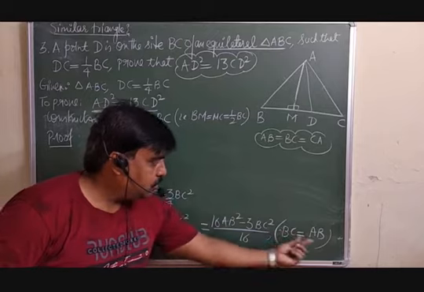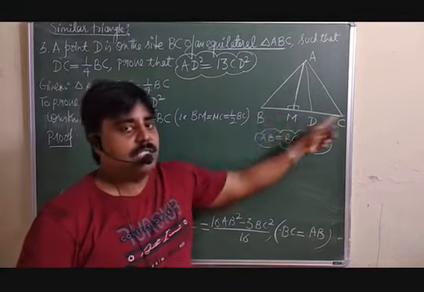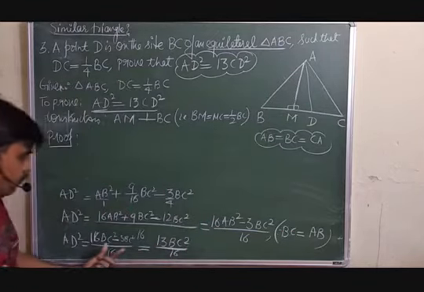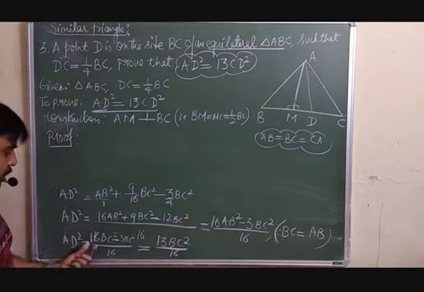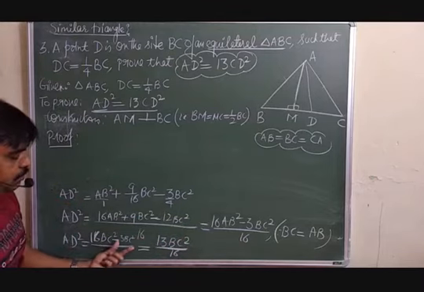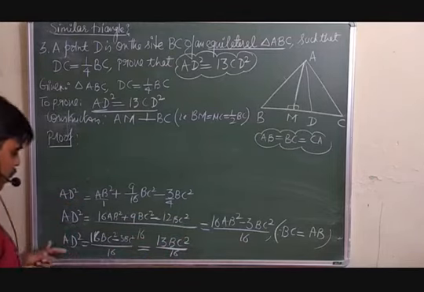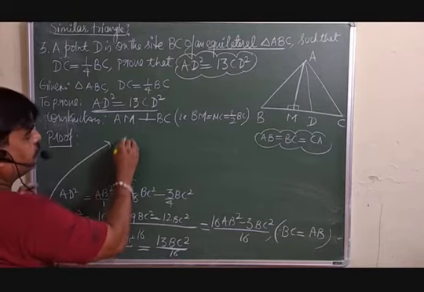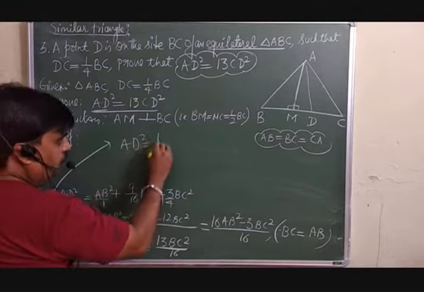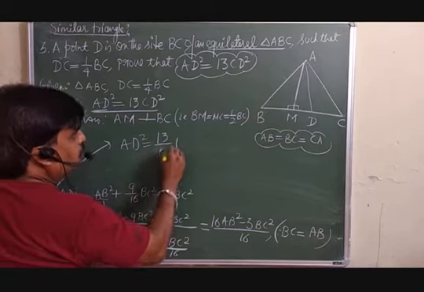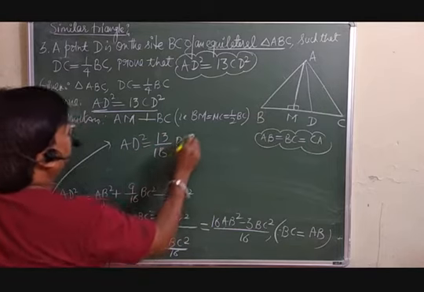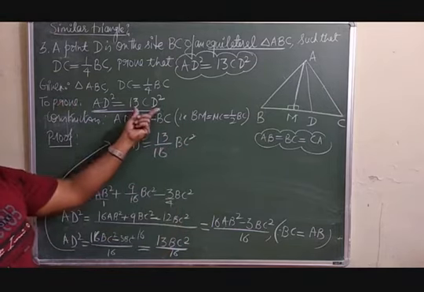But you know BC is equal to AB because ABC is an equilateral triangle. So in place of AB write BC. 16 BC square minus 3 BC square gives 13 BC square over 16. So finally AD square is equal to 13 over 16 BC square. What we want is AD square equal to 13 CD square.